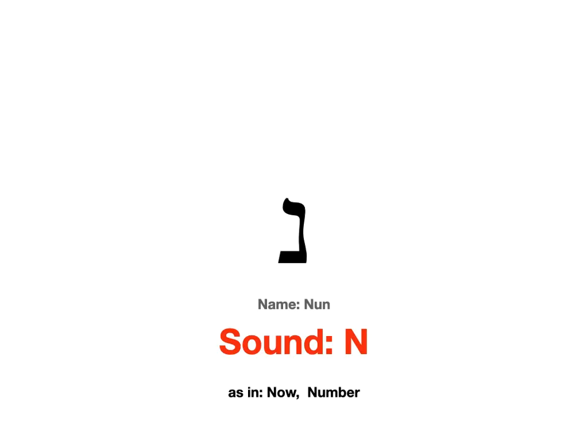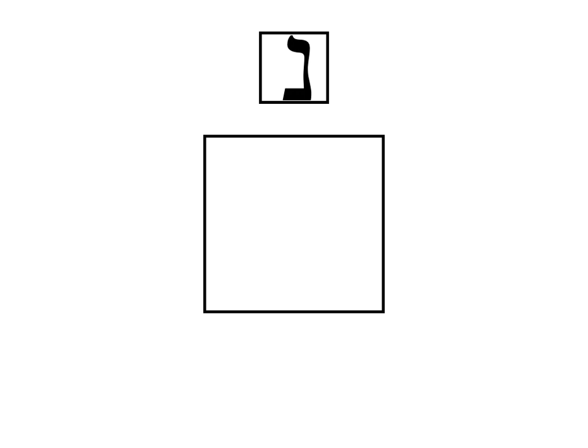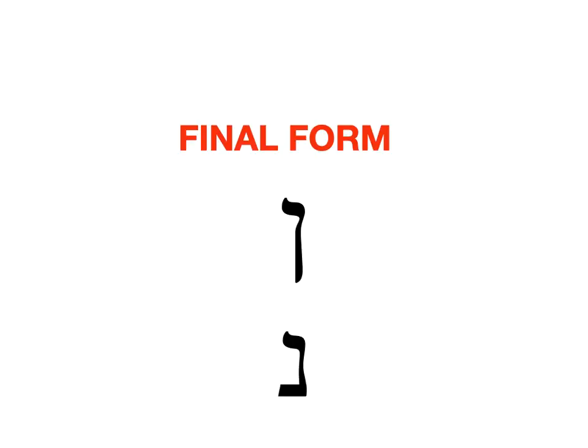Next letter is nun, grammatical terminology, nun. The sound is N, like now or number. And here is an example, natan. This one also has a final form, and the final form here just goes outside the box.